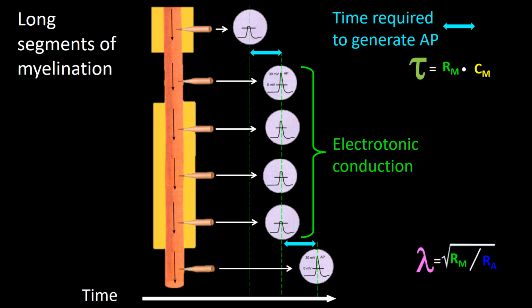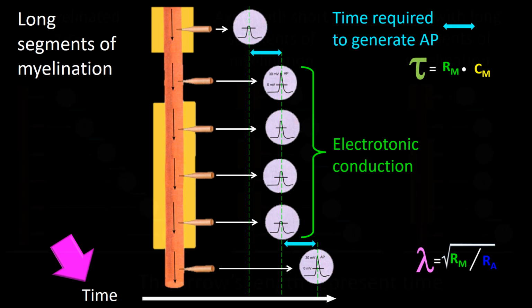Yet electrotonic conduction advances more because the myelinated segments are longer in this representation of an axon with long segments compared to the representation of the axon with short segments. Therefore, conduction through axons with long myelinated segments is faster. Notice the length of the arrow representing time in this frame.